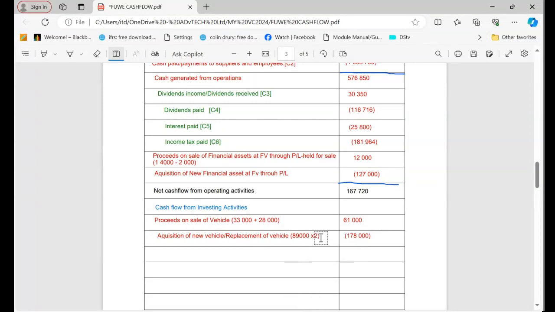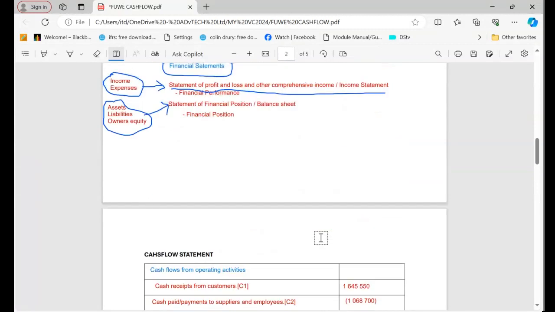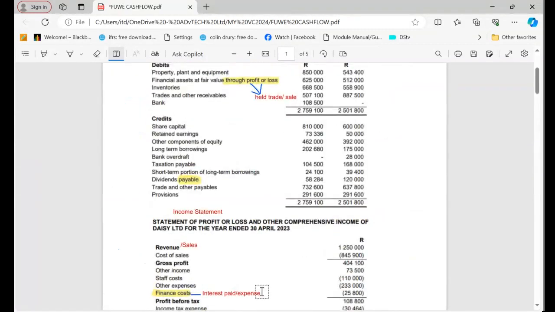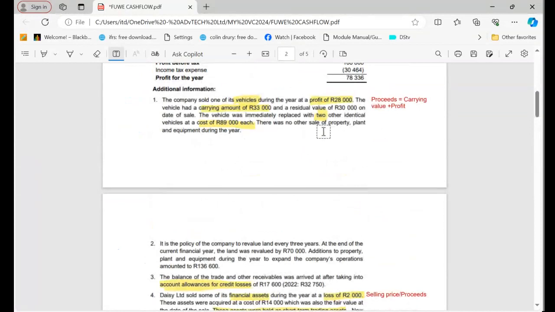Now, let's go back to the information. They said there were no other sale of property, plant, and equipment. In other words, remember I said property, plant, and equipment consist of many things. They said there were no other sale, or we didn't buy anything else.